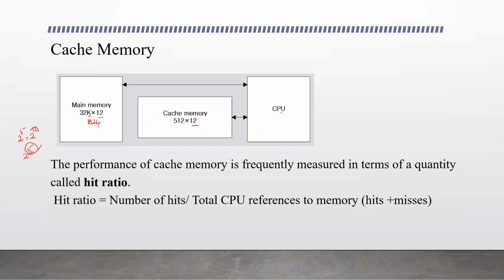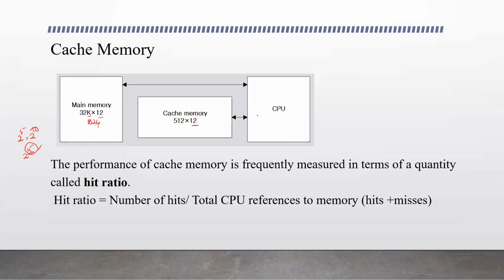Initially the CPU examines the cache memory when searching for any word. If it is available, it accesses it. If it is not available in cache memory, then it looks into main memory and transfers the word. So what is a hit here?